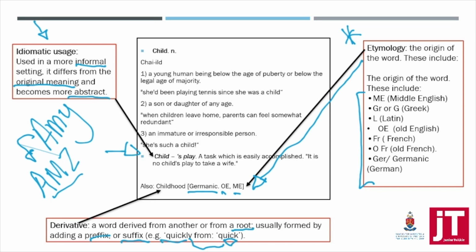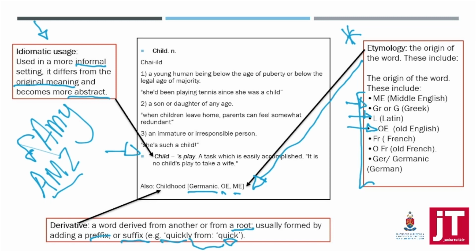And I think that's why this is such a popular question, because you have to know that OE stands for Old English. If they give you an L, you need to know that this is actually Latin. We've also got French, and Middle English, which is a very popular one. Greek is also very popular.